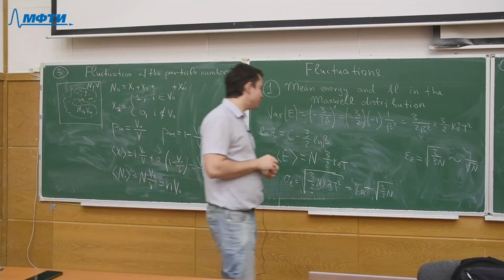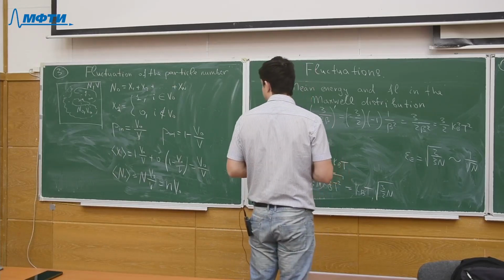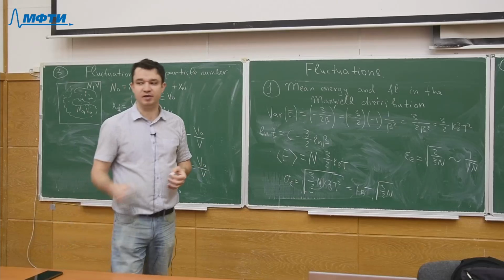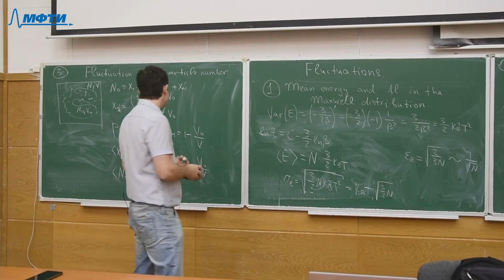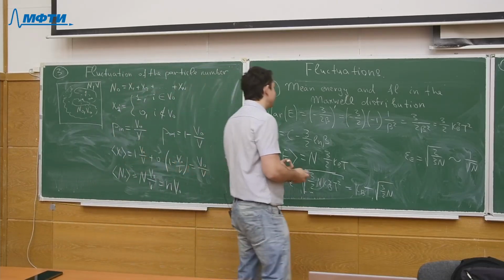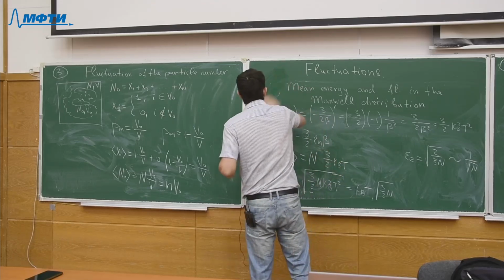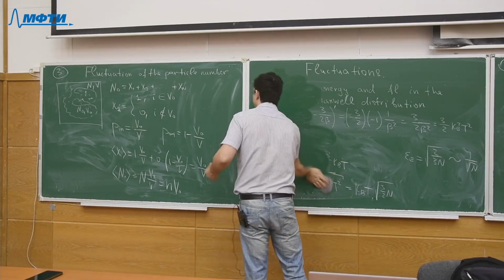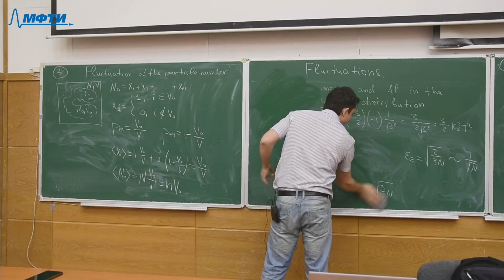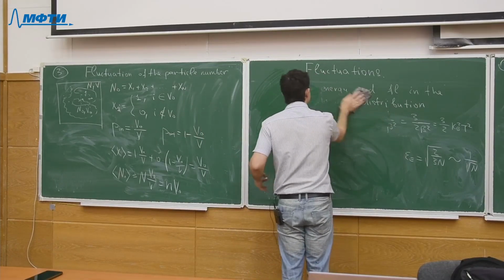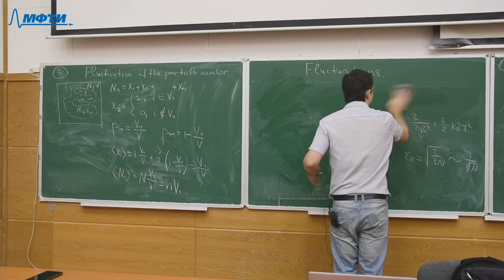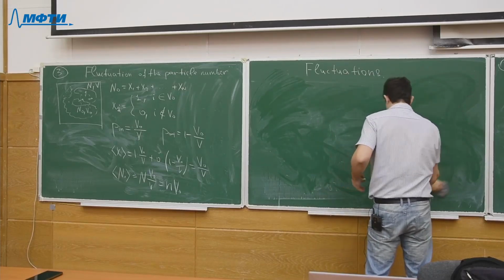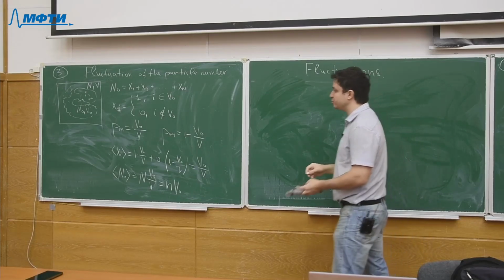What's more interesting here is not the average or mean value of the number of molecules inside the vessel. This is just an illustrative example showing that you can calculate that number correctly using this approach. What's more interesting is the fluctuation of this number. So now let's try to determine the fluctuation.